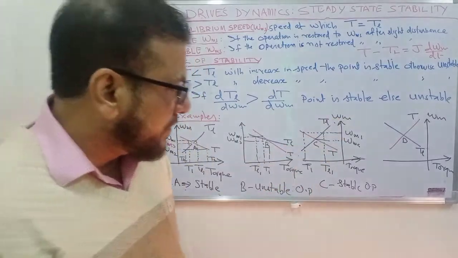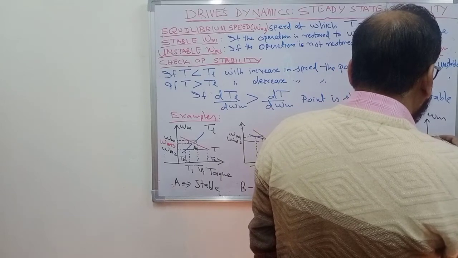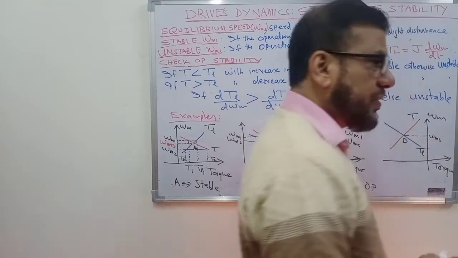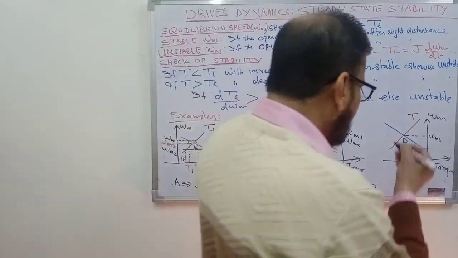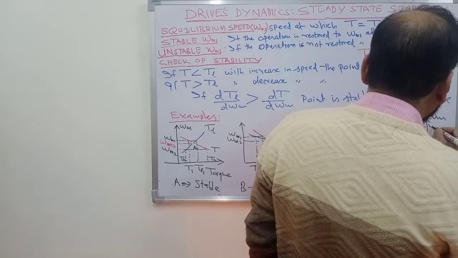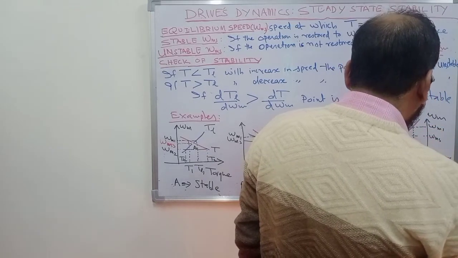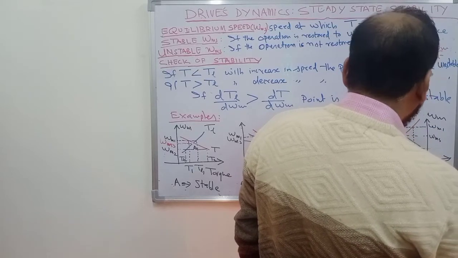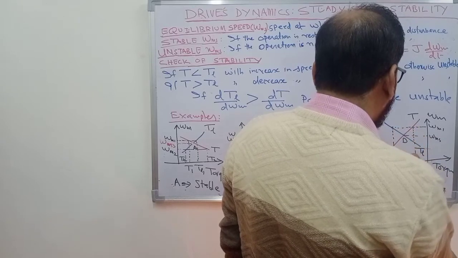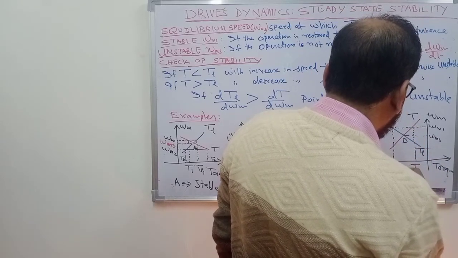Let us take the fourth case. This is point D. The motor is running at this speed, omega ms. To check for stability, let us increase the speed slightly to omega m1. This causes the motor torque to increase to T1 and the load torque to become equal to TL1.